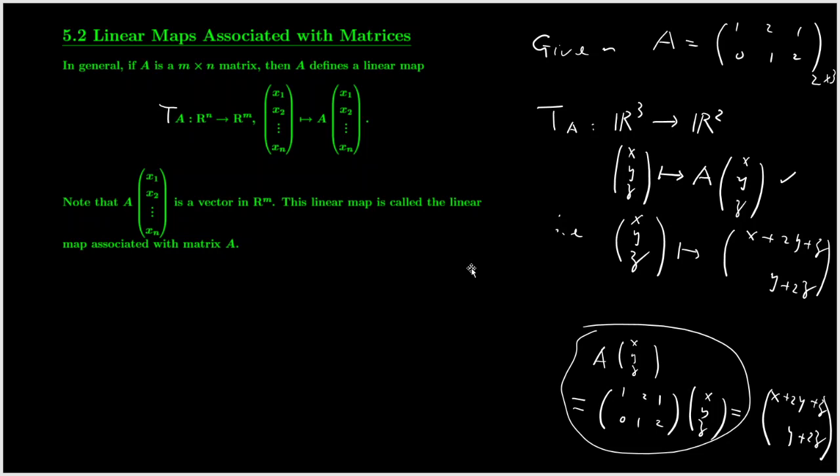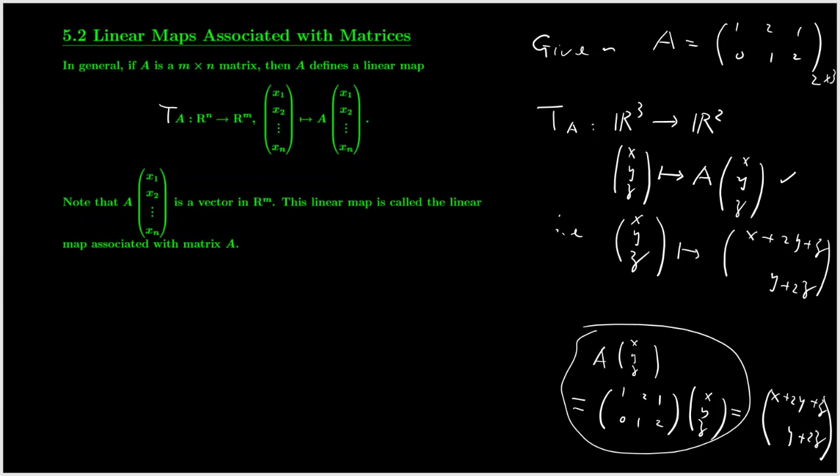The main thing today, I'm going to show you, is that every linear map is associated with a matrix. It's kind of the other way around. For the thing we did the last time, I gave you a matrix, and I'm looking for the linear map. For the thing we are doing today, I give you the linear map, and I'm looking for the matrix.